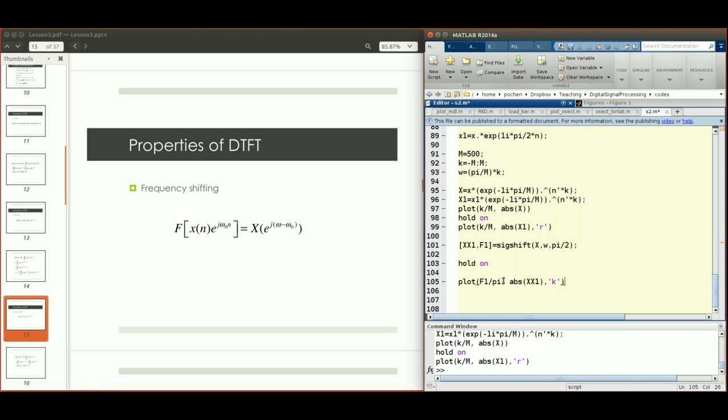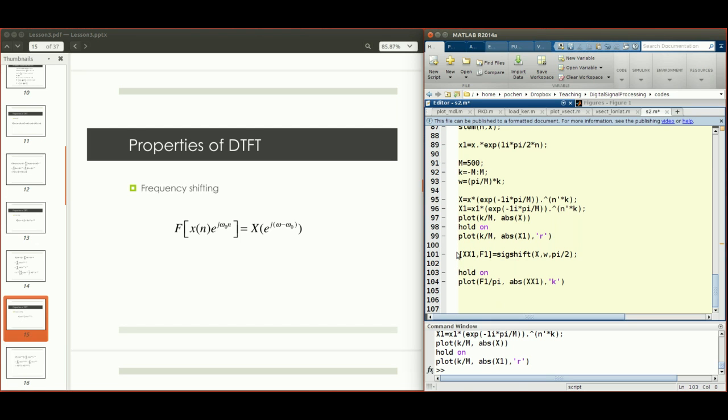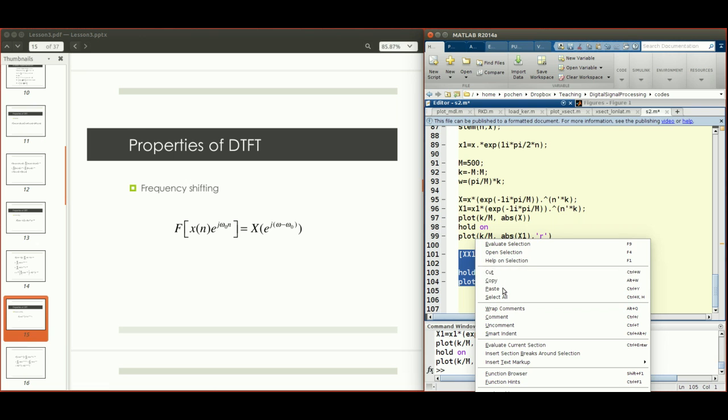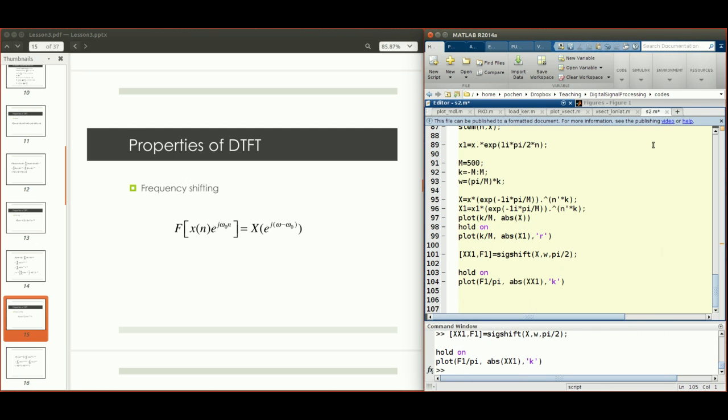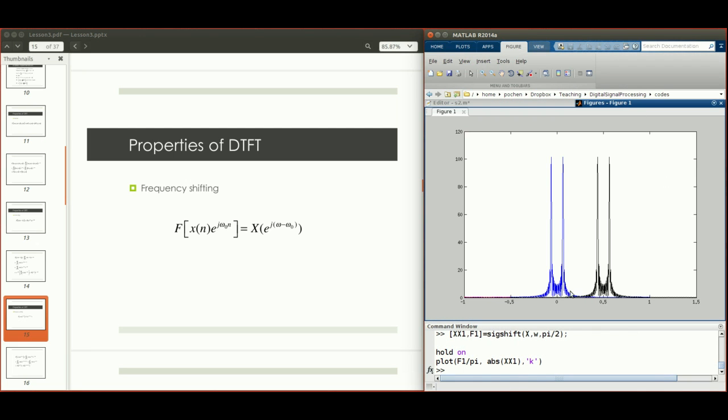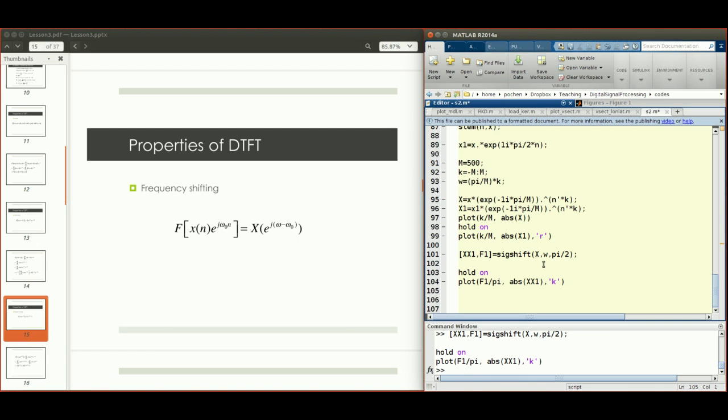And then let's try to execute these three lines. And then let's take a look. And you can sort of see the black line is right on top of the red line, right? So the shifted big X is right on top of the Fourier transform of the modulated signal.